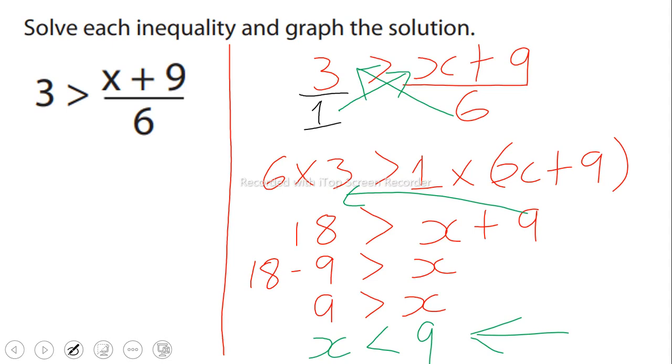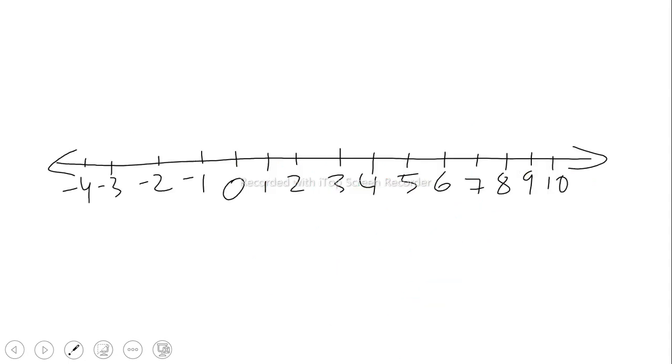Now notice that we do not have an equal to symbol, it's just strictly less than, right? So what are some numbers that are less than 9? What are some numbers that are less? 8, 7, 6, 5, 4.